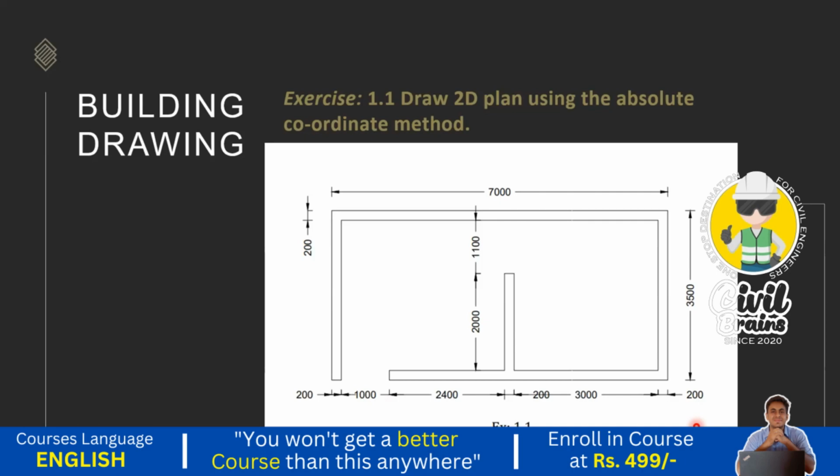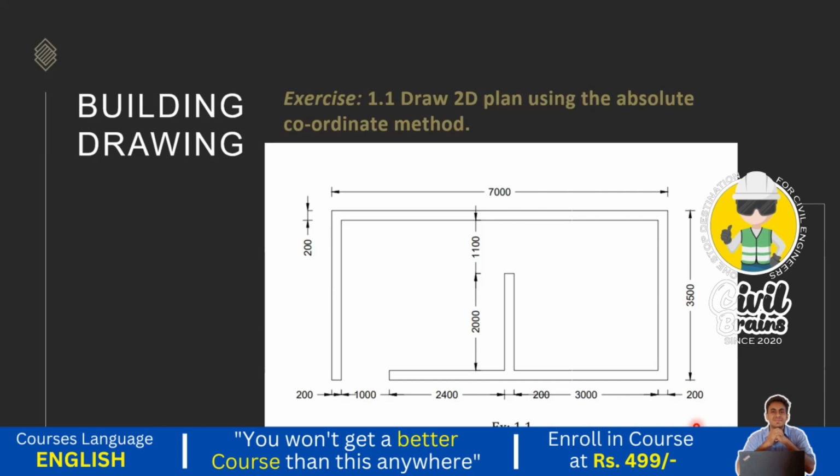And next one is the frame structures. Frame structure is nothing but the structure which is made up of frames. What type of frames? Whether it is RCC frame or steel frames. Okay, whether it is RCC frame, steel frame, or a composite structure, a combination of RCC and steel, that type of structures we call frame structure. In the frame structures, mostly the load will be transferred from the top.